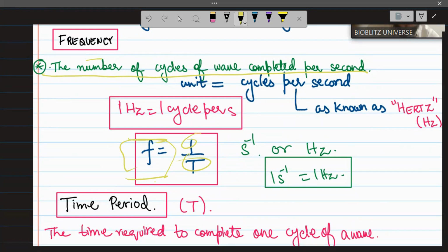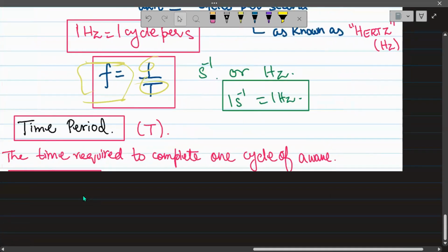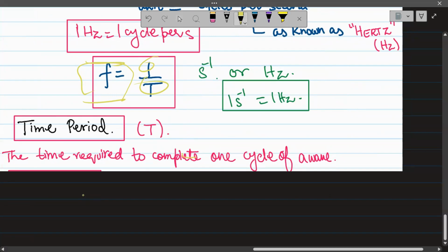Now let's come to the time period. What is a time period? Time period is basically the time required to complete one cycle of a wave, or one oscillation, or one vibration, you may call it whatever.